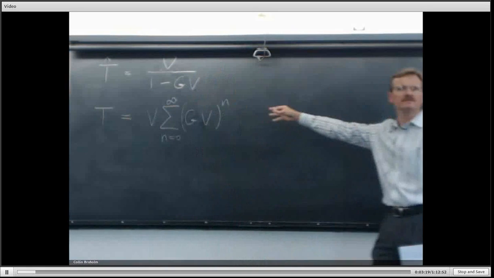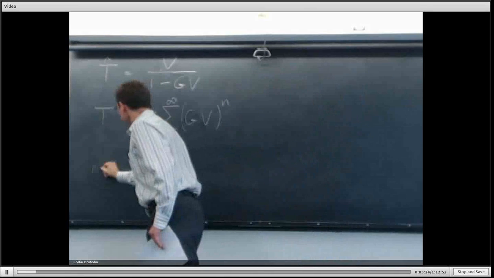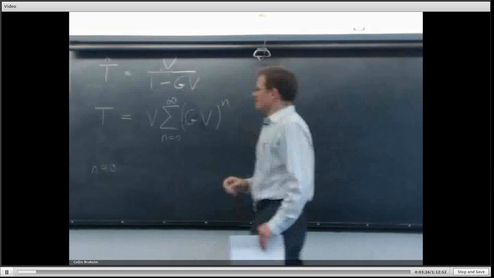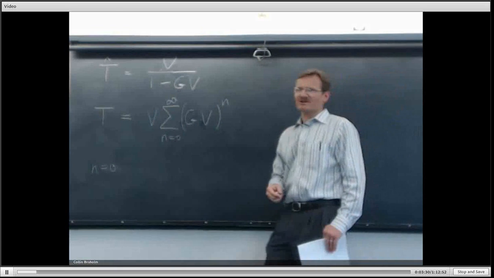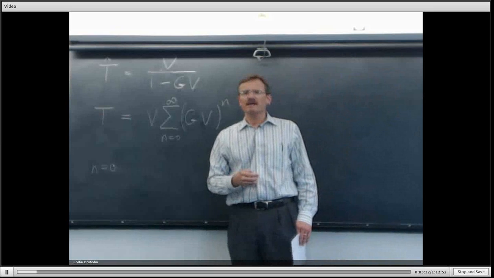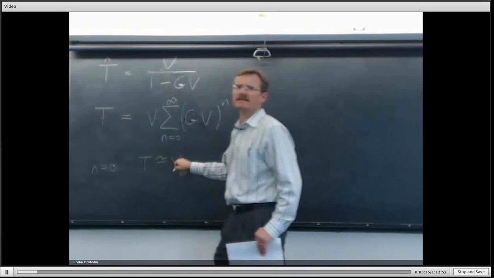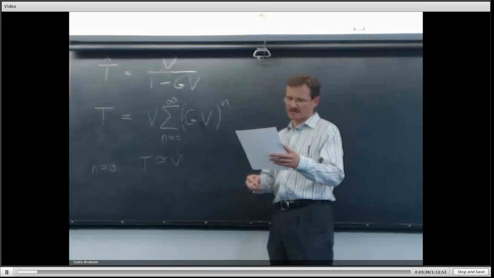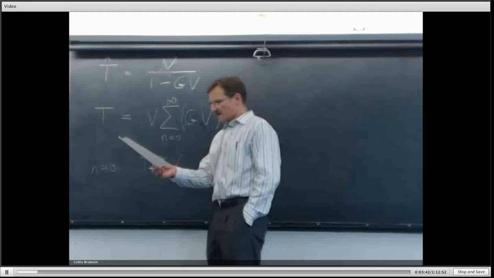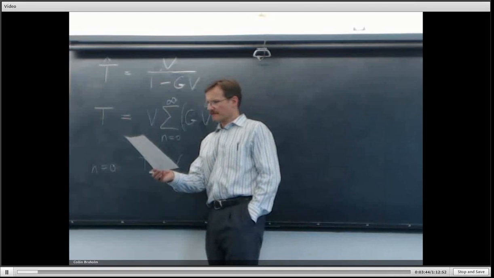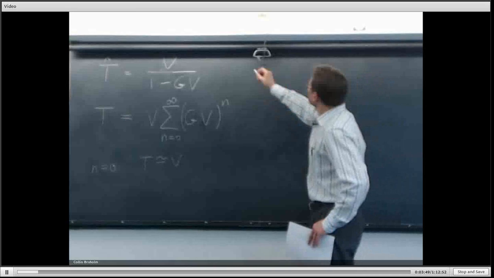So a lot of terms in that series, but if we include only the n equals 0 term, then we have what we call the first Born approximation. And in that case, T is simply approximated as being equal to this scattering potential. And that's a good approximation if the interaction is not too strong. Okay, so there you have where we essentially arrived at the last lecture.